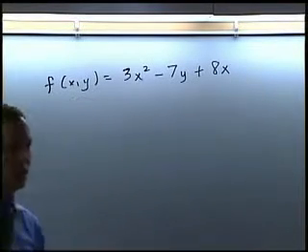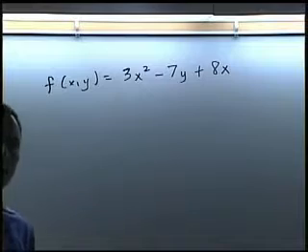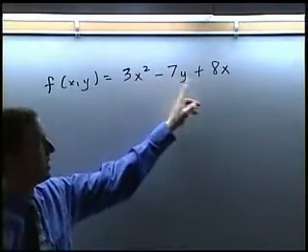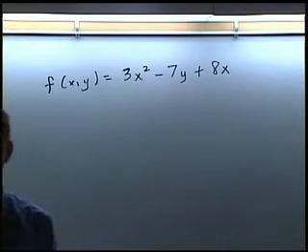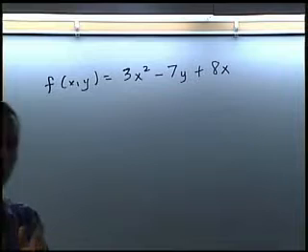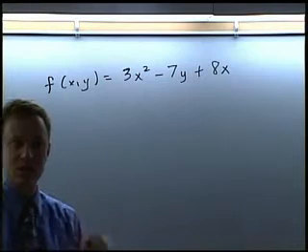Now, one of the things with 3 dimensions is that we always have to specify which derivative we want to take, because we have 2 independent variables here. We have x's and y's, and we decided last time that we can only look at one rate of change at a time. We can only look at how x is changing or how y is changing. We can't look at them both at the same time.